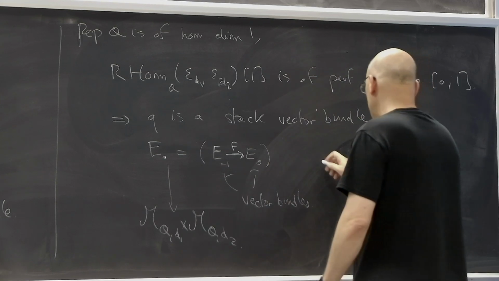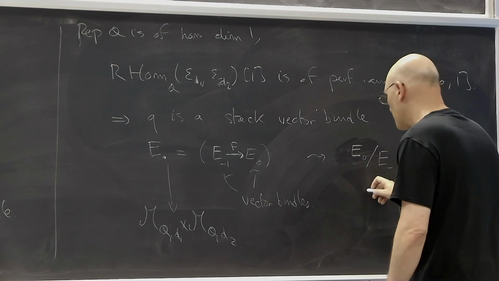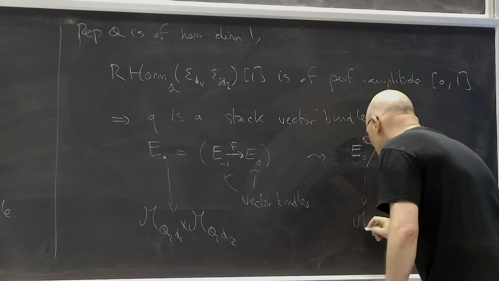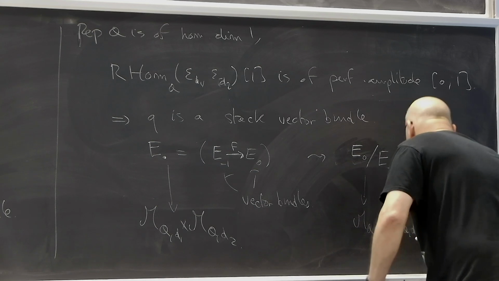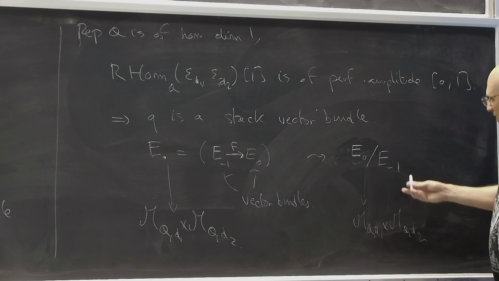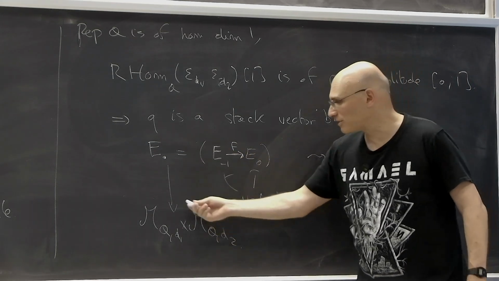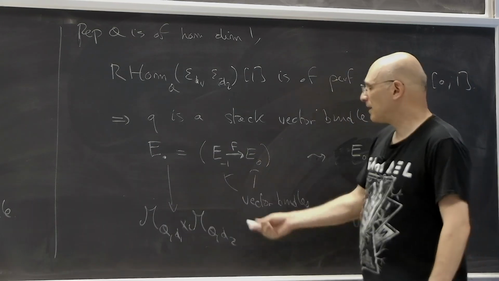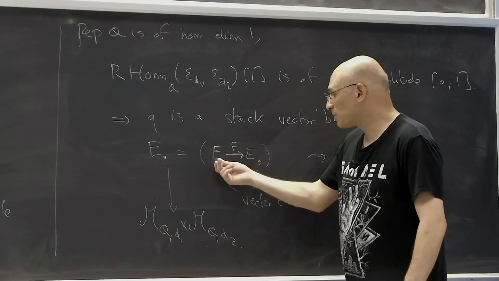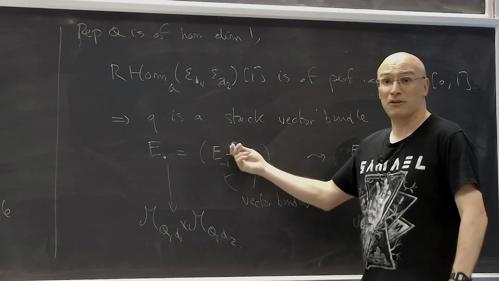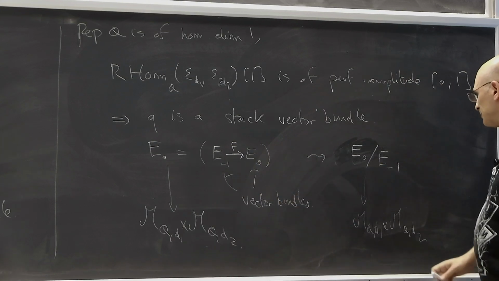Okay, the total space looks like this stack quotient over MQD1 cross MQD2. I can take the total space of E0, that's just a vector bundle over that, and I have the total space of E minus 1, and there's an action of the total space of E minus 1 on E0 just by F and addition, and I take the quotient stack.